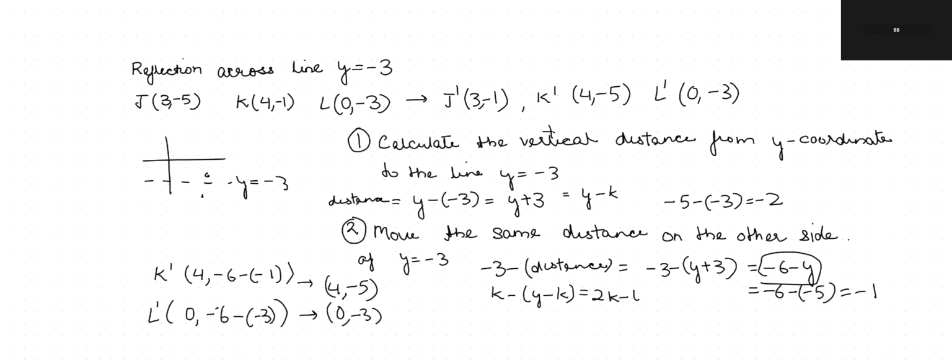This formula will work for every question when a point is reflected across a line y is equal to k. In this case we did a negative value, across the line y is negative 3. We'll take another case, but this is a general formula, where y is the coordinate of the point and k is the line across which we have to do the reflection.